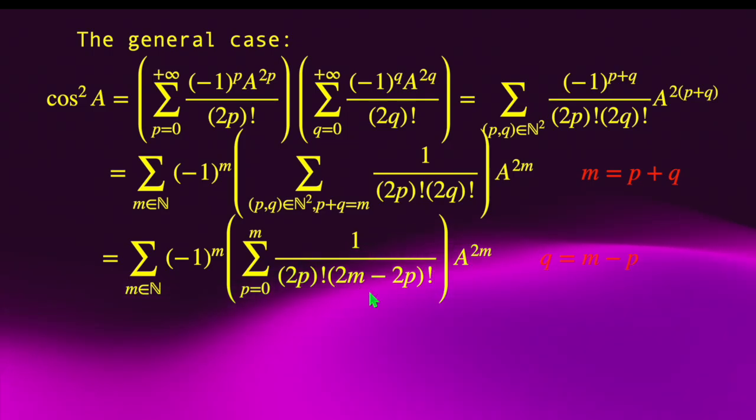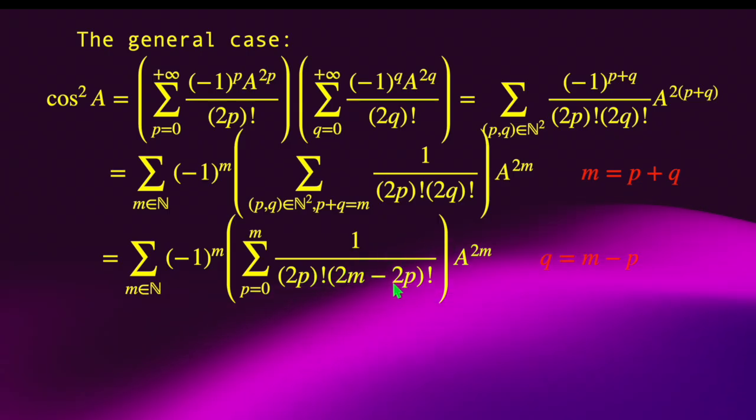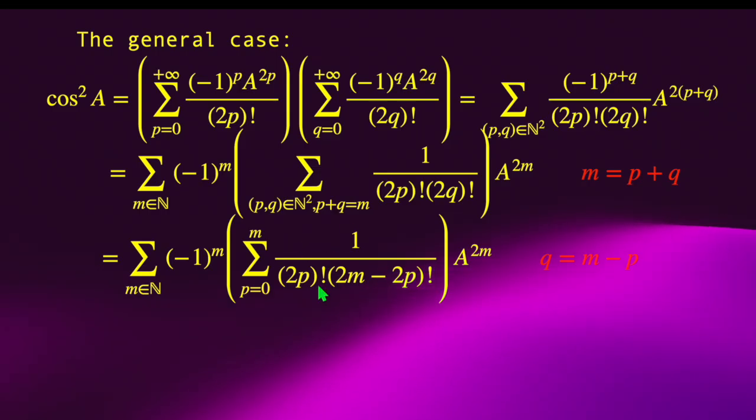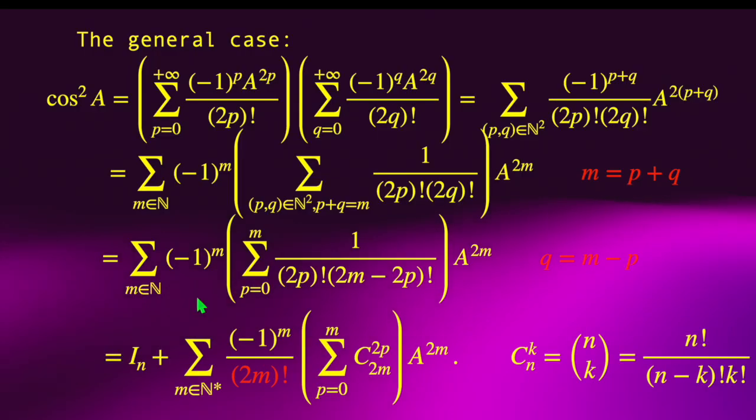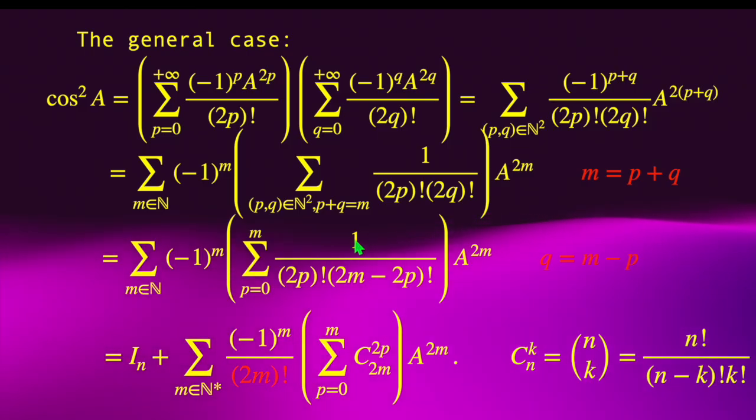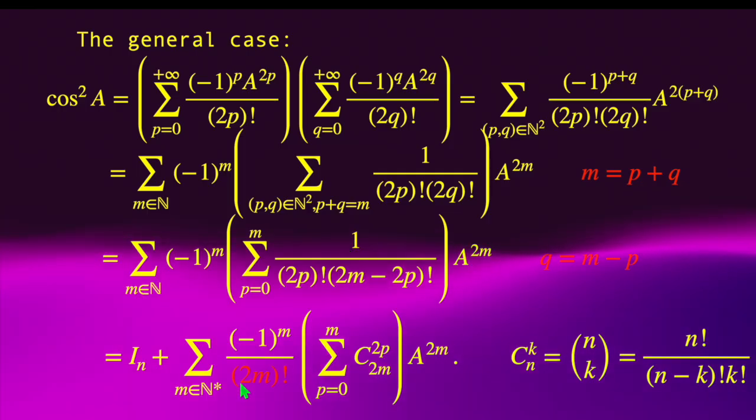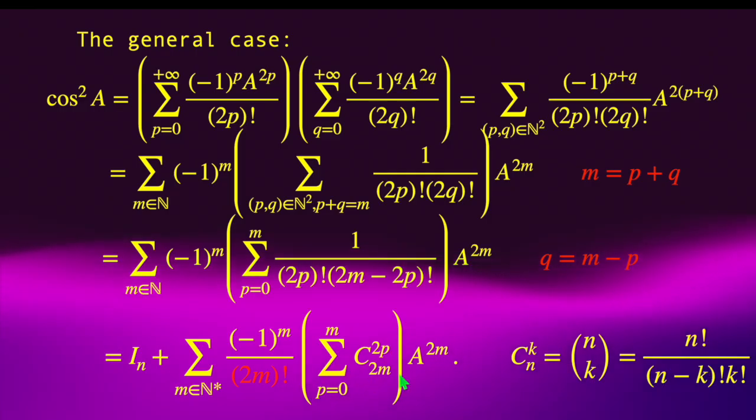We have now just m and p as indices, and in this quantity I will introduce the binomial coefficient by multiplying and dividing by 2m factorial.